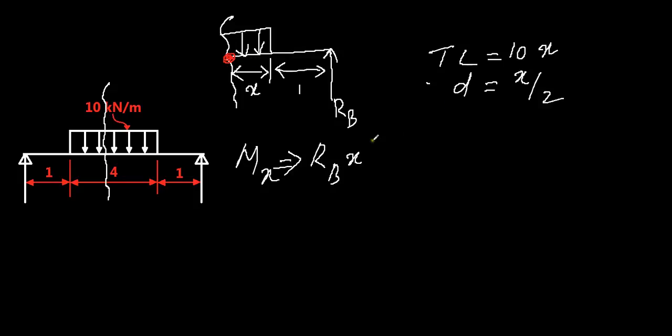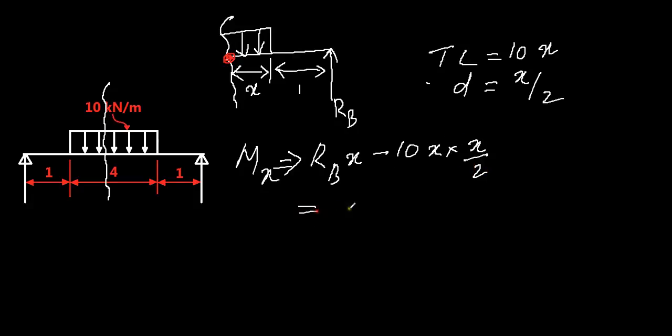So the moment will be a clockwise moment because it's a downward force, and the magnitude of the moment will be 10x times x by 2. This is the load, this is the distance.